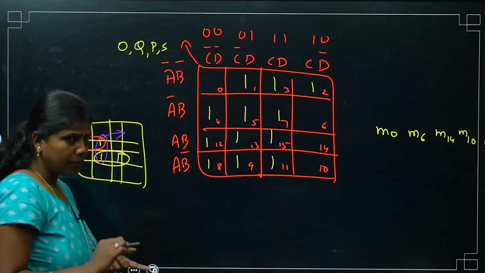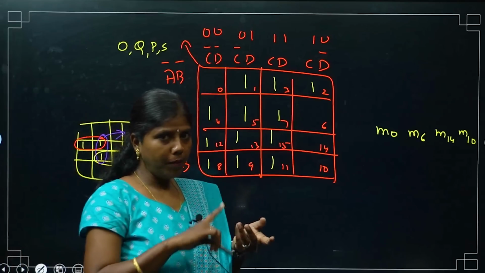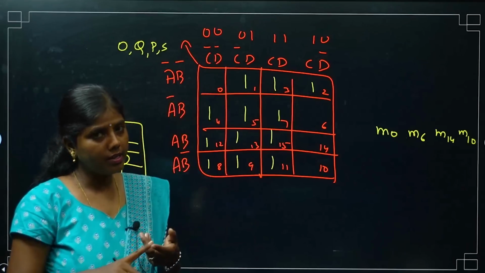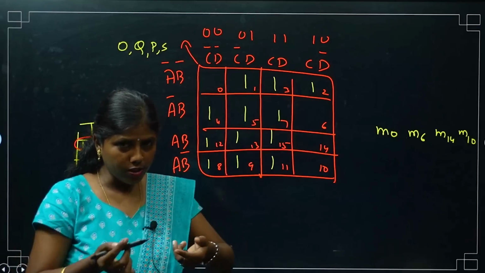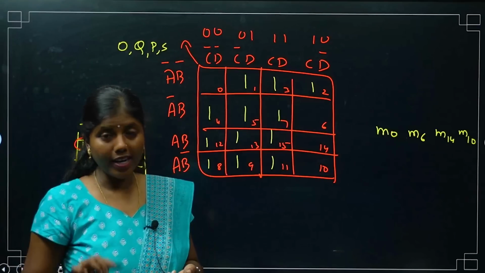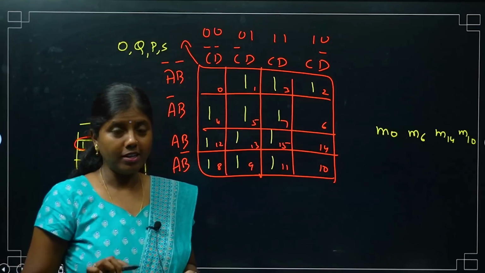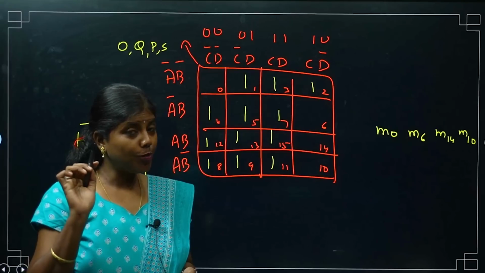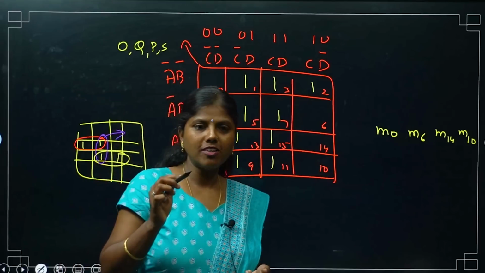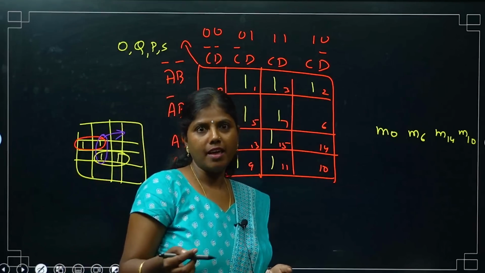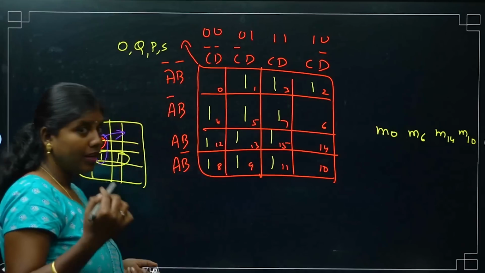So remember: grouping based on octet, quad, pair and single. Then the wraparound condition, we can fold it. 4 corners will be 1 quad. Redundancy should be eliminated. You will not be able to see redundancy first. After grouping only, you can check whether you are making any redundancy. You have to be careful.